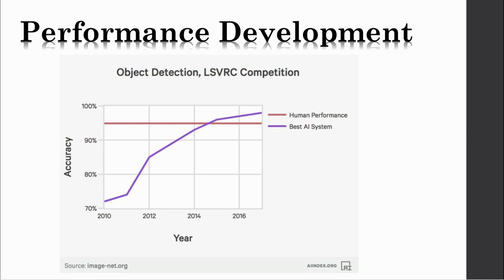Furthermore, from looking at this graph, we can see that the accuracy of object detection by the most advanced AI systems, according to the respective year of course, had exceeded human performance around late 2014. It should be noted that this data is the result from the Large Scale Visual Recognition Challenge competition dated back in 2014.